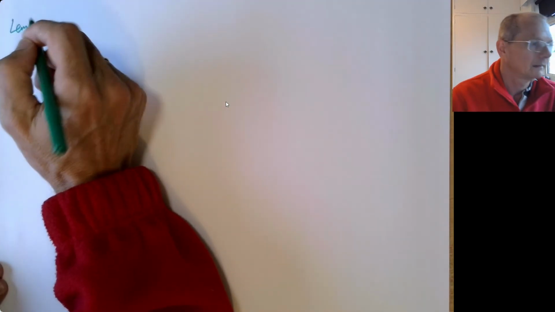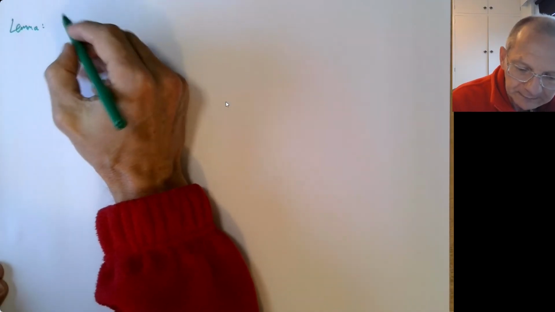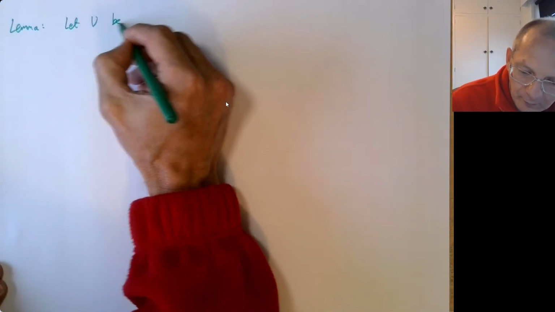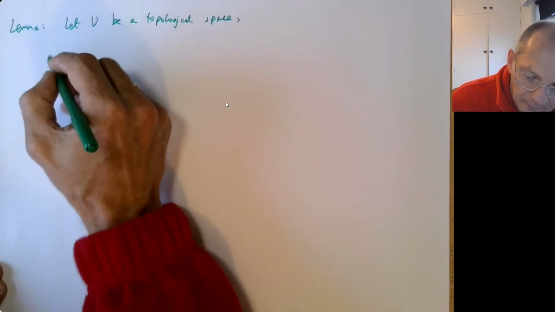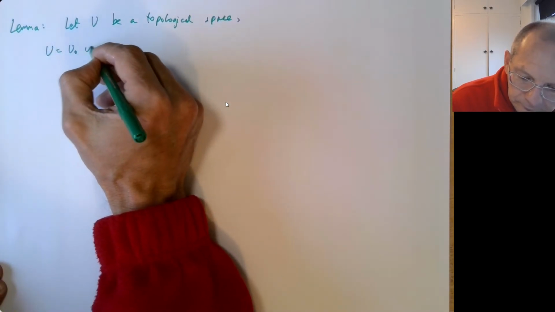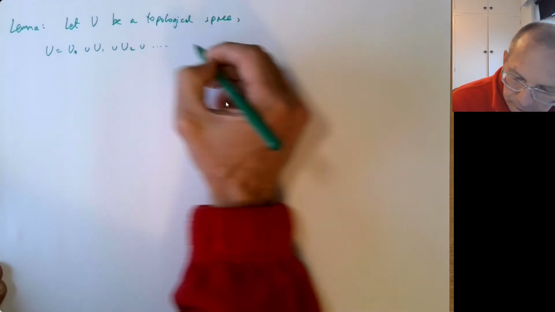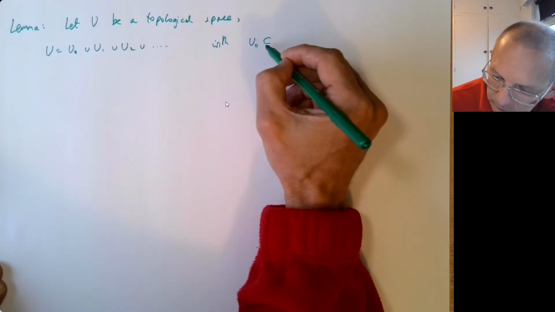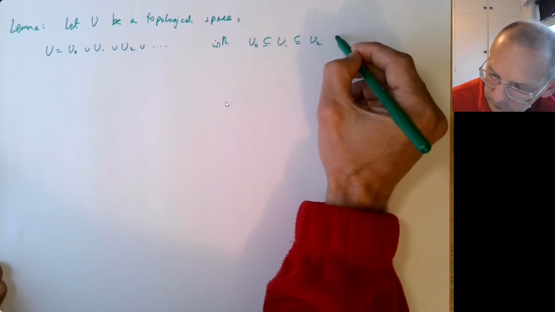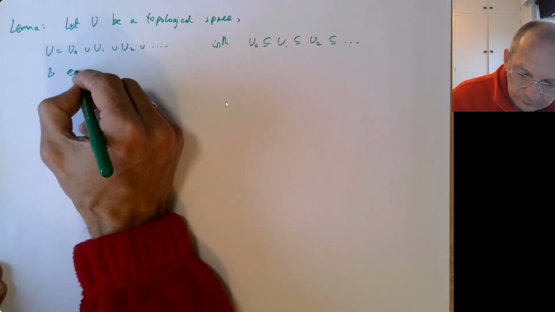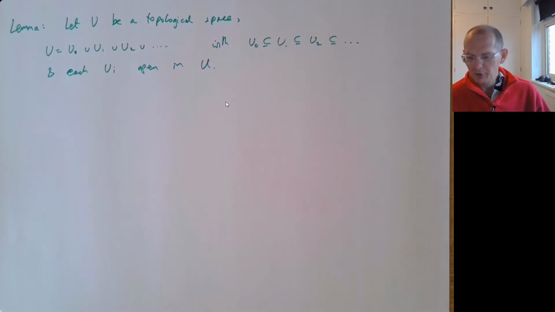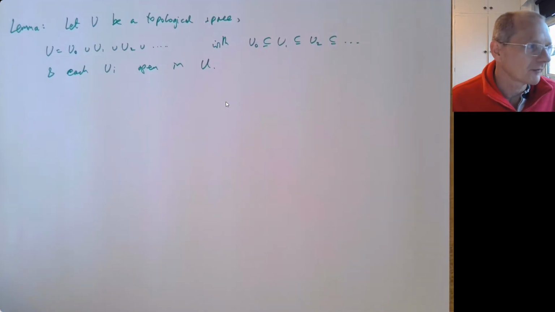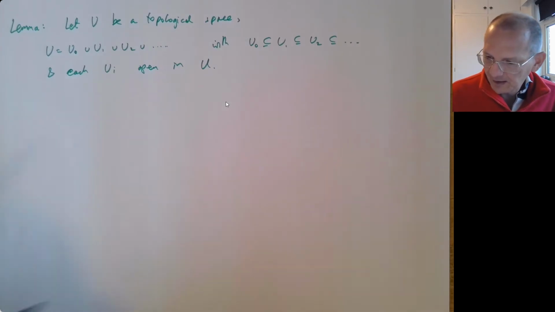Okay, then one more lemma. We're going to suppose that U is a topological space which can be written as the union of some sequence of open sets, each one contained in the next.